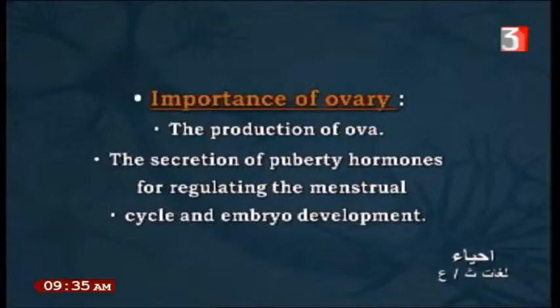Each ovum comes each month. If it is fertilized, it produces a baby. But when it is not fertilized, it forms the menstrual cycle. Also, the ovary secretes puberty hormones like progesterone and estrogen. These two hormones regulate the menstrual cycle and also regulate embryo development.